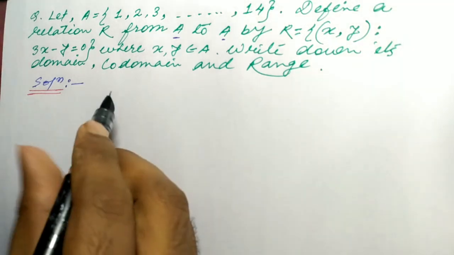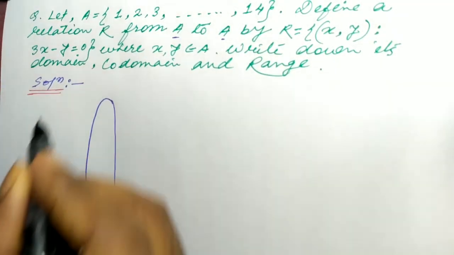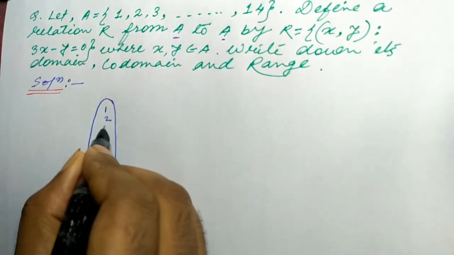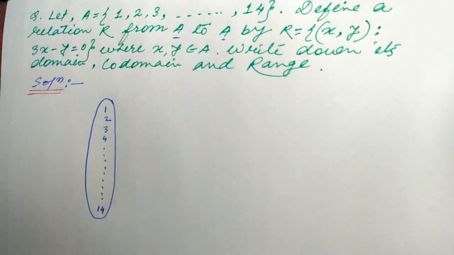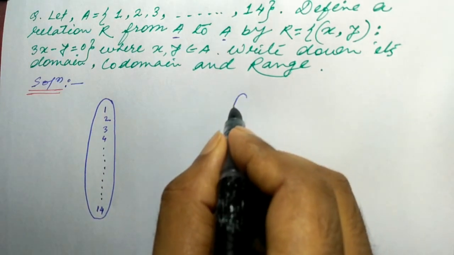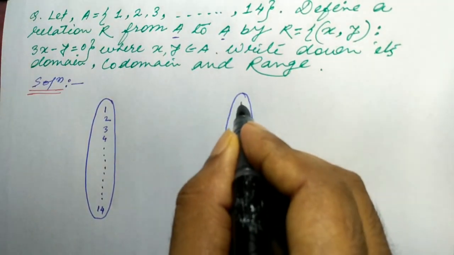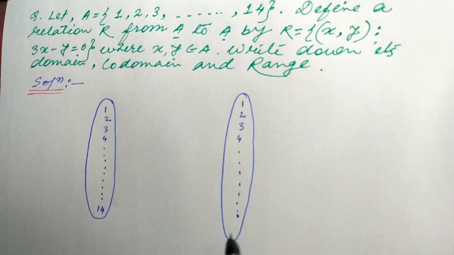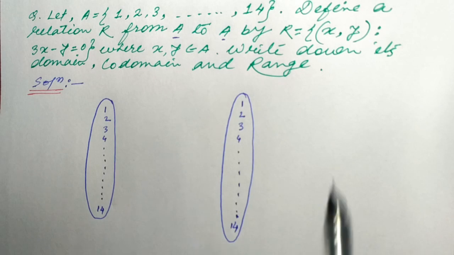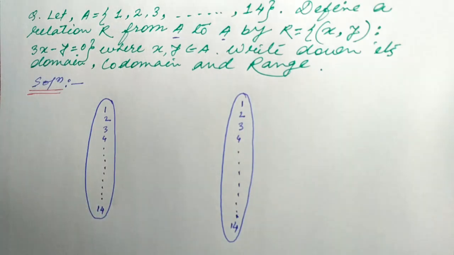The inputs are from 1, 2, 3, 4 up to 14, and the outputs are also 1, 2, 3, 4 up to 14. The relation is (x, y), and 3x minus y equal to 0.